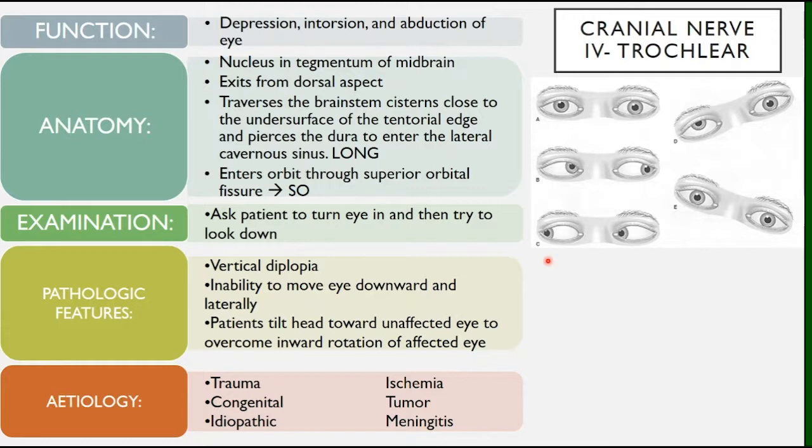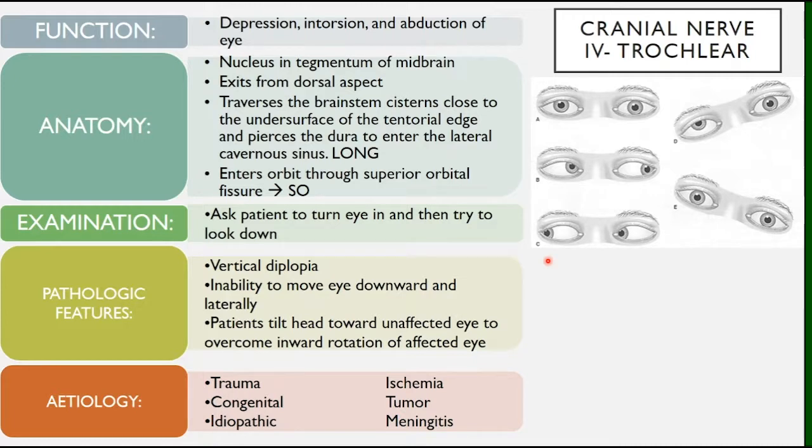In the primary gaze position, what do you see? So you can see that the right eye is a bit higher than the left eye. Okay, and then it gets worse when he is looking towards the left.